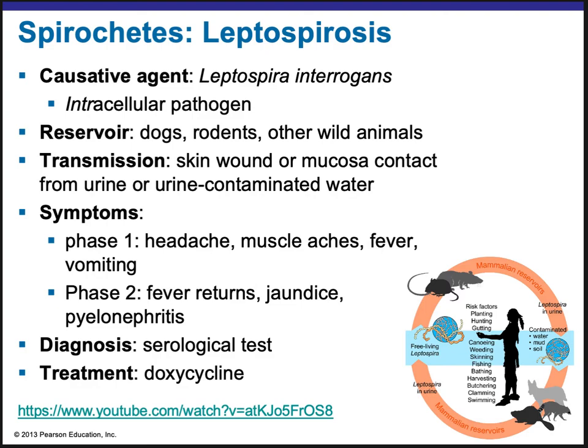From your gut, you excrete your feces, and then some of that can get into your urethra and work its way all the way up, right? So this is a unique example of pyelonephritis that does not start out from the urethra and work its way up.